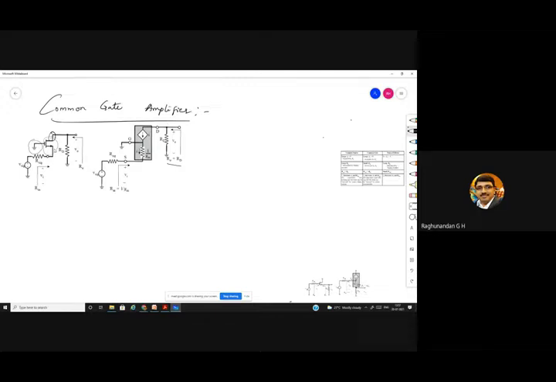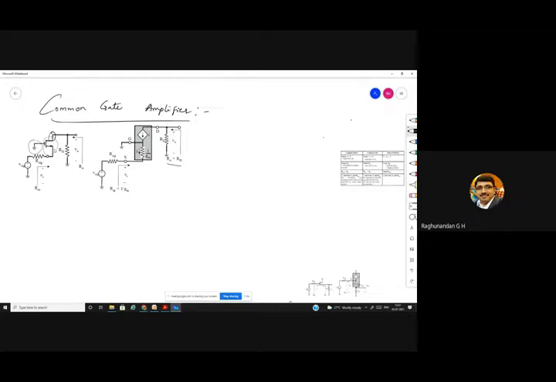Now, when we compare different configurations like common source, common gate, and source follower, mainly we need to compare whether the overall voltage gain is greater than 0 or less than 0, and how the input resistance is acting.